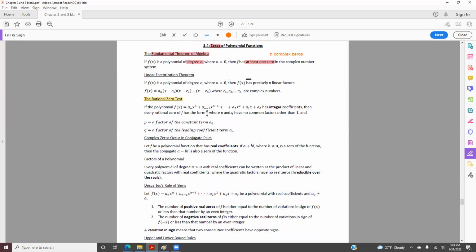This only happens when you have a polynomial where your coefficients, the numbers in front of your x, must be integers, meaning you cannot have fractions or square roots. It must be like -1, -2, 1, 2, 3, 4, 5. The Rational Zero Theorem says the zeros can take the form p over q, where p is a factor of the constant term a0, and q is a factor of the leading coefficient, which is your an here.